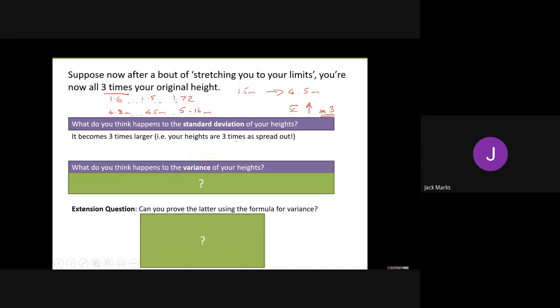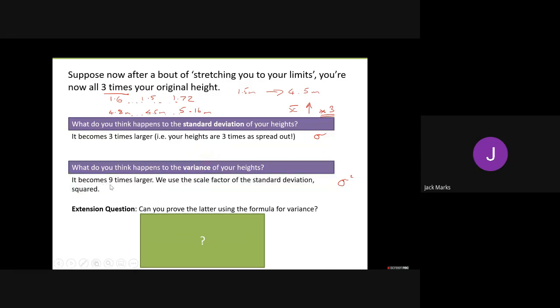What's going to happen then with the variance? Well, if standard deviation is like this and variance is like this, this impact is going to become squared, so it's 9 times larger. Don't worry yet if it's becoming a little bit overwhelming.